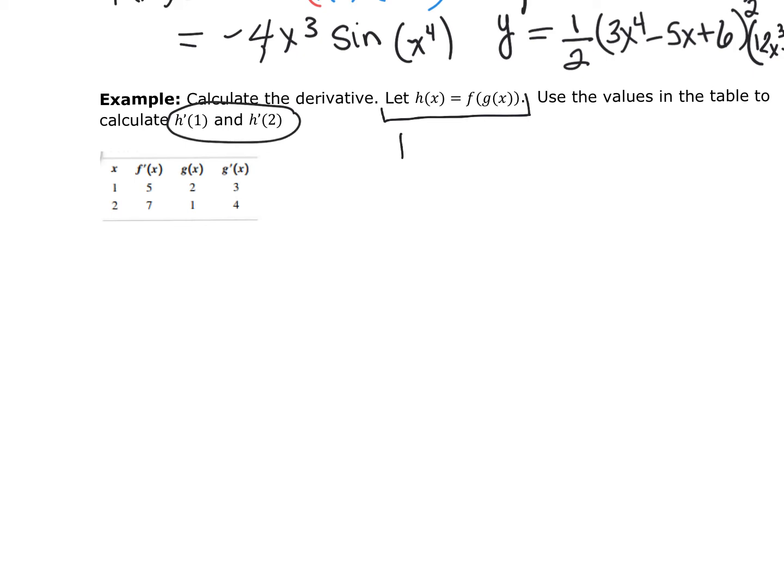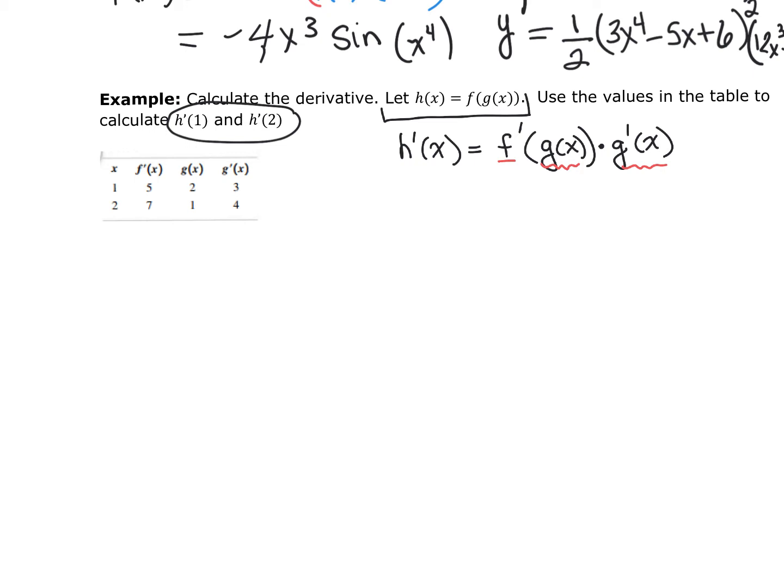So let's just find h prime of x first. That's a composition, so it will be f prime of g of x times g prime of x. So again, that's the derivative of the outside, leaving the inside alone, times the derivative of the inside.